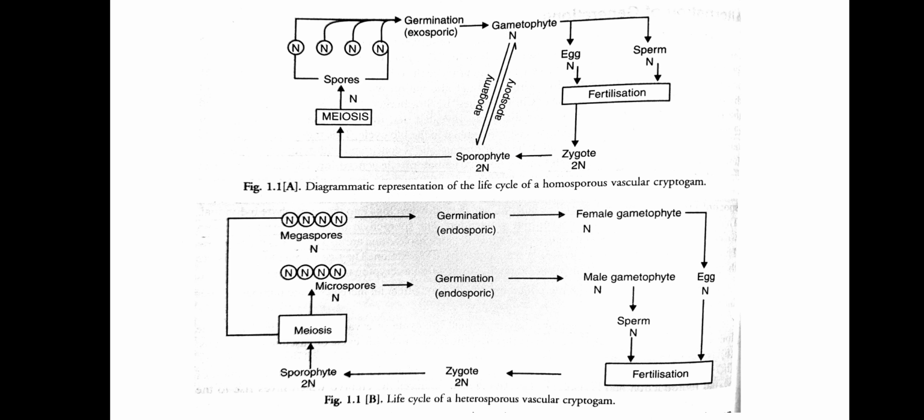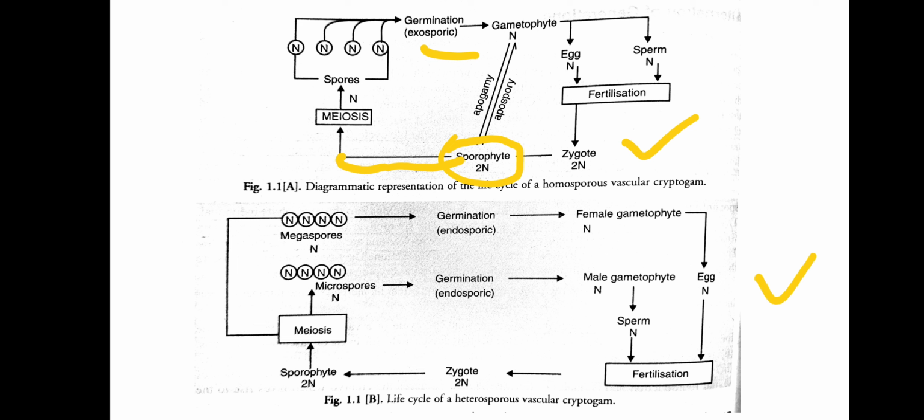So there are two life cycles. One is seen in the case of homosporous, and one in the case of heterosporous. First, the sporophytic plant, upon meiosis, produces spores, then they germinate and produce the gametophytic plant.